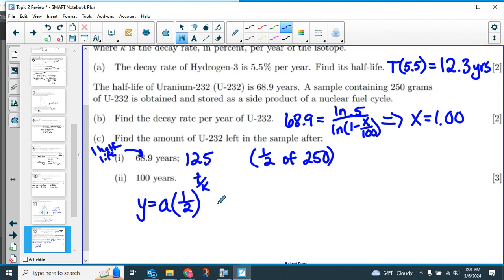A is my initial amount, like we talked about before. So 250 times 1/2 to the 100 over 68.9 power.